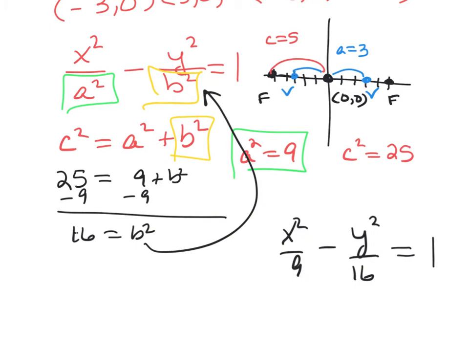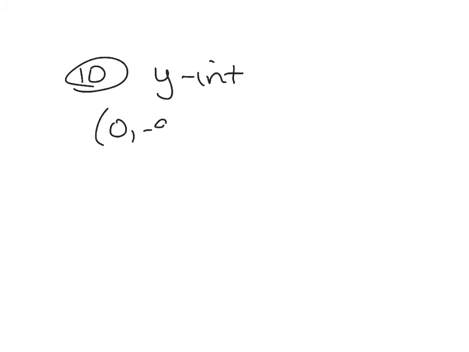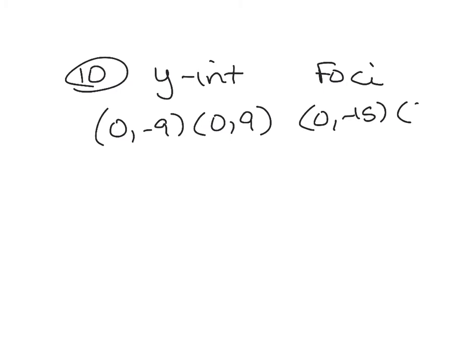All right, so here we go. Keep going. I'm going to add another question. Number 10. Y-intercept: (0, -9) and (0, 9). Foci: (0, -15) and (0, 15). Again, if it helps to give yourself a visual, you can see that they're all on the y-axis.